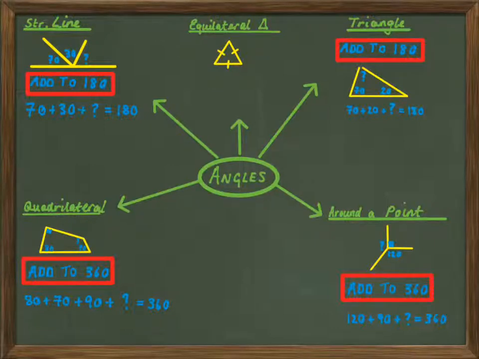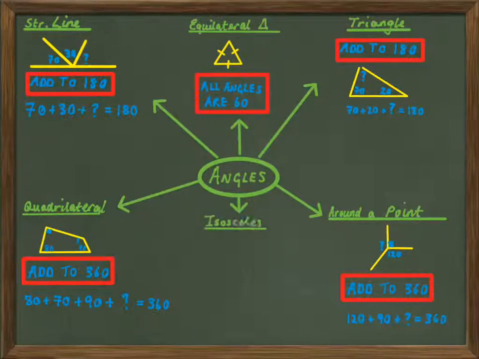This is a fact, in any equilateral triangle, each angle is 60 degrees, because they have to add to 180. If they're all the same, you do 180 divided by 3, because it's 3 angles, and you get 60. So the fact with an equilateral, look out for that if it mentions the word or draws the little lines, the angles are all 60 degrees, and obviously it would add to 180 as well.